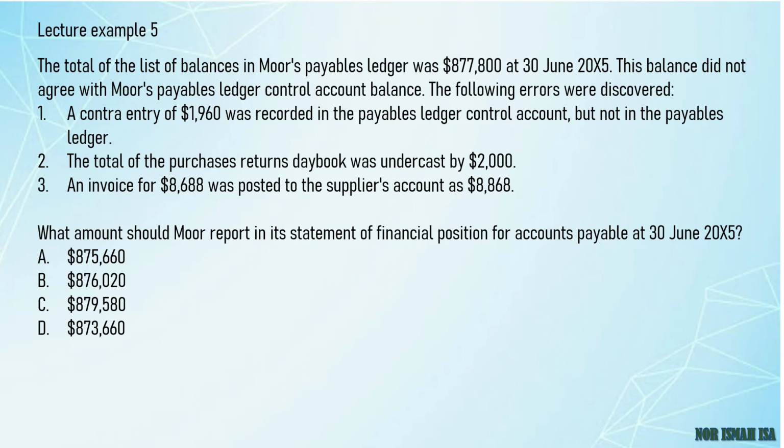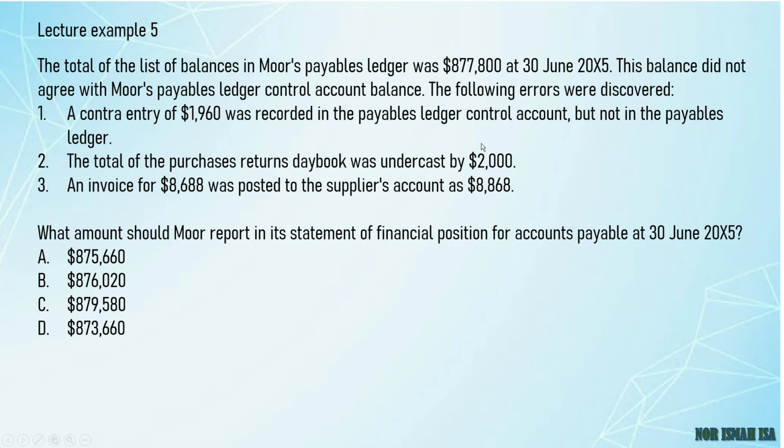The third mistake: 8,688 was posted to the supplier account as 8,868. This happened in the supplier account, which refers to the payable ledger, because it is an individual account.